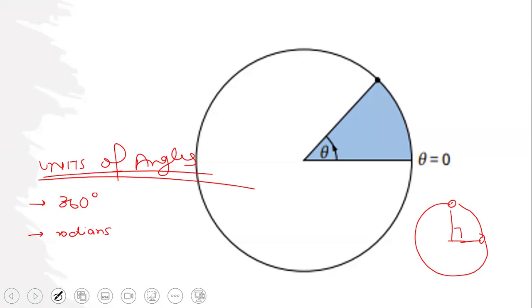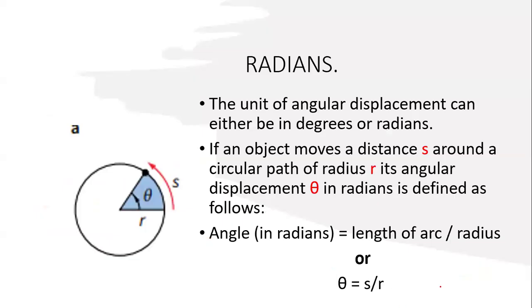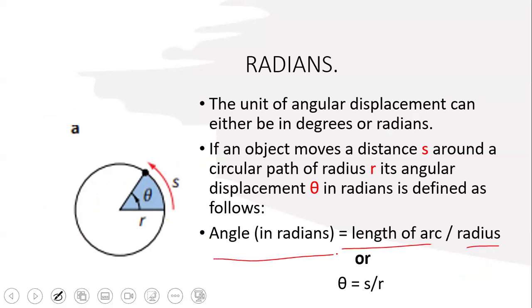Now, the other unit that I can use is radians. What actually is a radian? If I take the arc length and divide it by the radius, I can find out what the angle is, but the unit is radians.